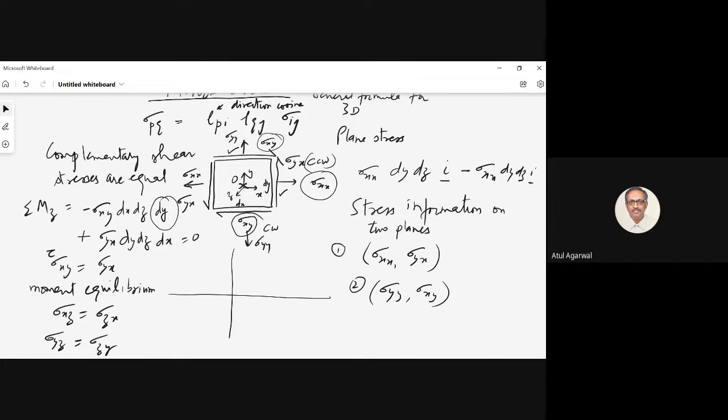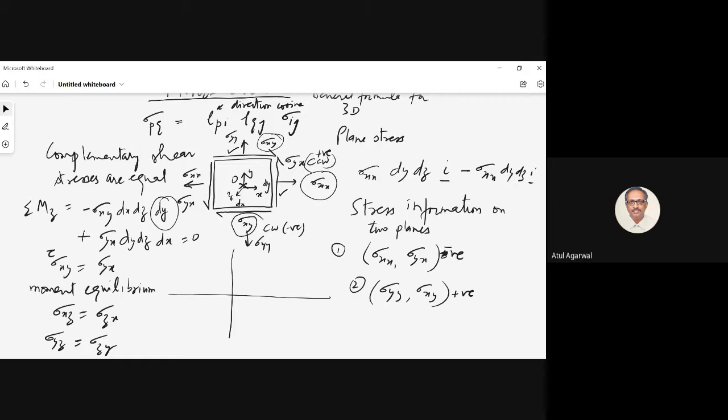Clockwise twist in our coordinate system is negative; counterclockwise twist is positive in the static sign convention. Now what is done in using Mohr circle? Clockwise twist is called positive and counterclockwise twist negative. Sigma yx was counterclockwise, so this is called negative, and this sigma xy, which is causing clockwise twist, is called positive. This is for Mohr circle.